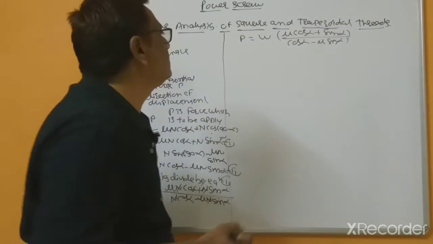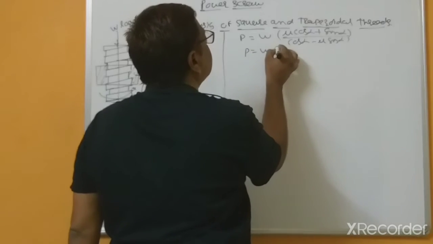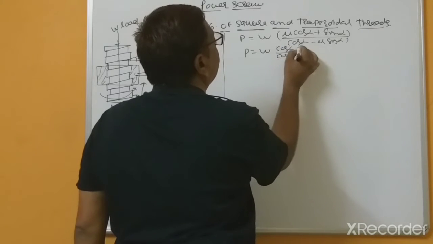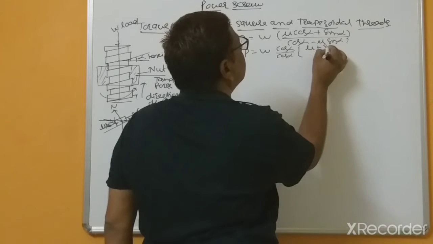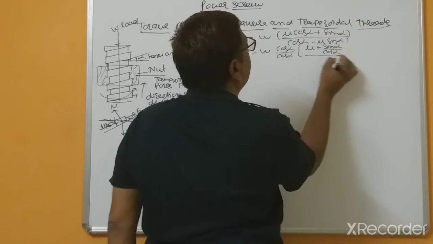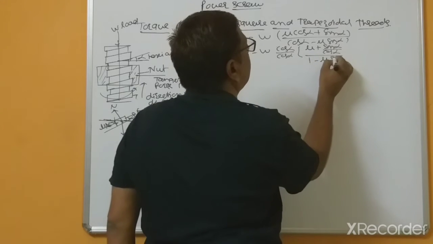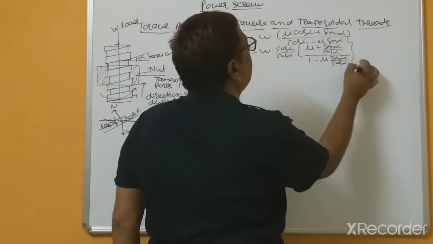Now by taking cos alpha common from the numerator and denominator, what is remaining is mu plus sin alpha divided by cos alpha, over 1 minus mu sin alpha divided by cos alpha.